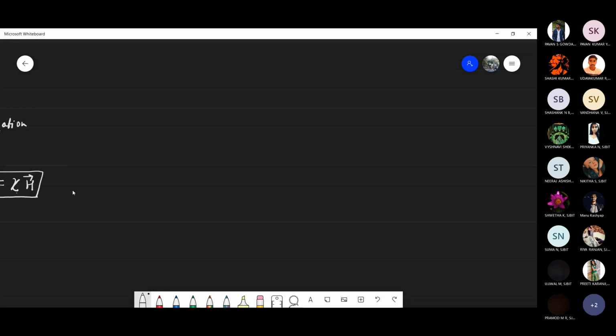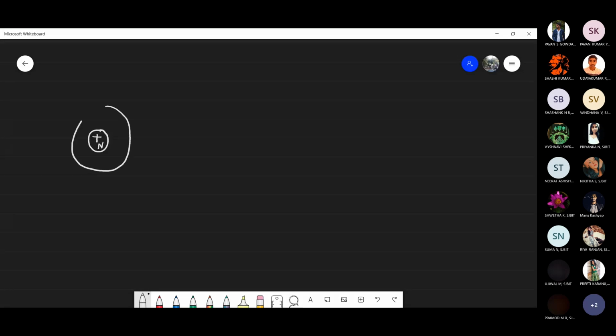Any material is made up of atoms in which electrons revolve in an orbital motion. If you consider this as a nucleus, electrons are revolving around it in orbital motion. This phenomenon is called the orbital motion of an electron with respect to the nucleus.